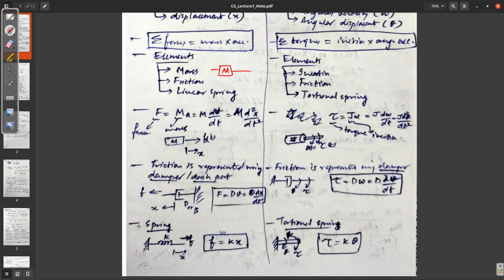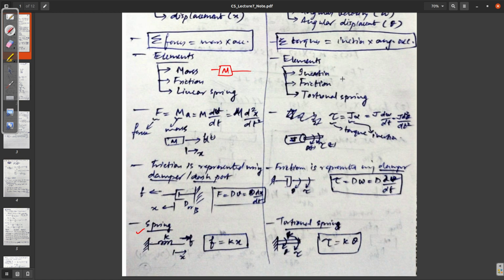Then we have a spring, which is shown like this. The equation governing mass is F equal to ma. And what about the damper or friction? F equal to d into v, or d into dx by dt. Similarly, for a spring, it is F equal to kx, where x is the displacement.